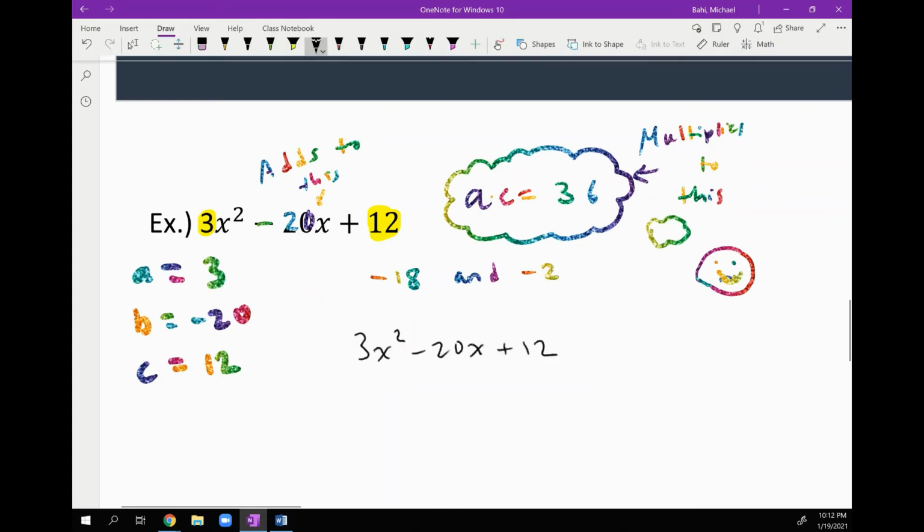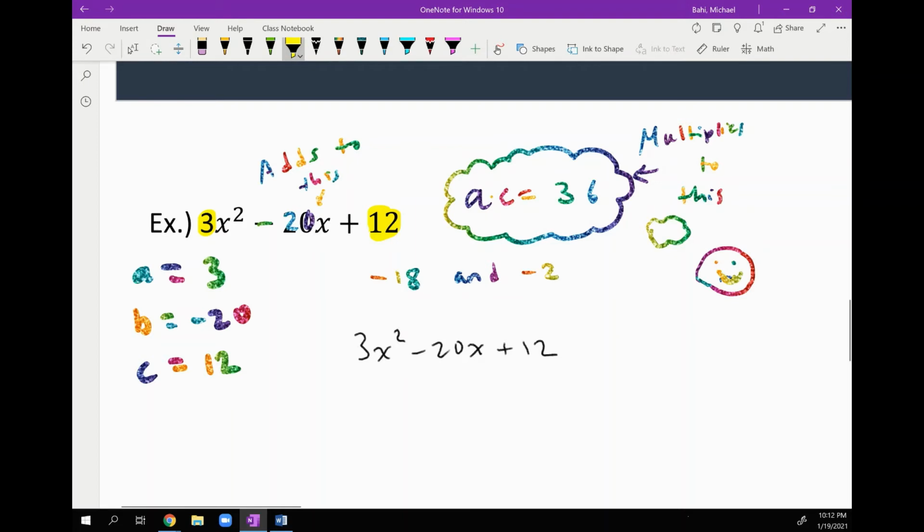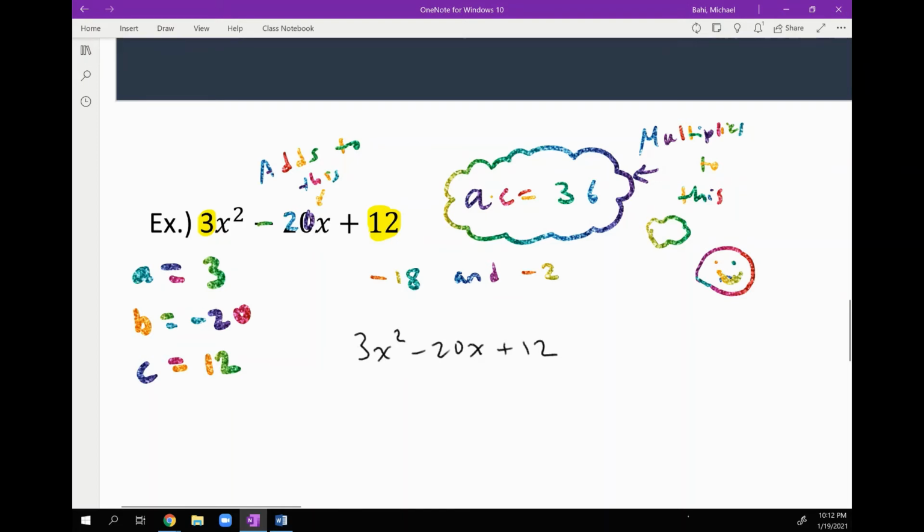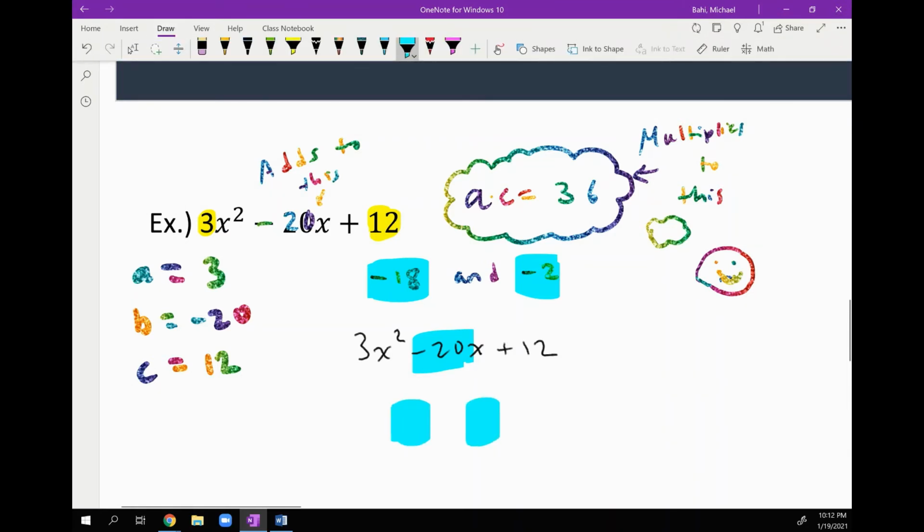So what we're going to do with these two numbers, let's highlight them in blue, is I'm going to take the B value, which is negative 20, and I'm going to separate it into those two numbers that we just found.